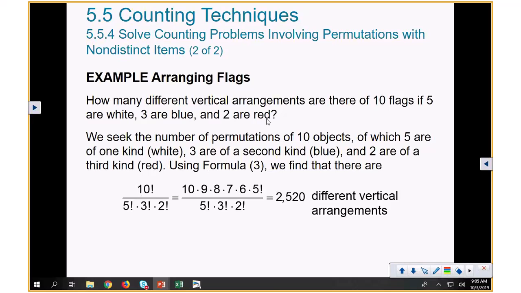On top. What are they asking for? 5. The smallest one goes on the bottom. So that's 10 factorial over what? So then the 5 factorial does what? What happens to 5 factorial? Cancels out, and you're left with 10 times 9 times 8 times 7 times 6. Use your calculator on that one.